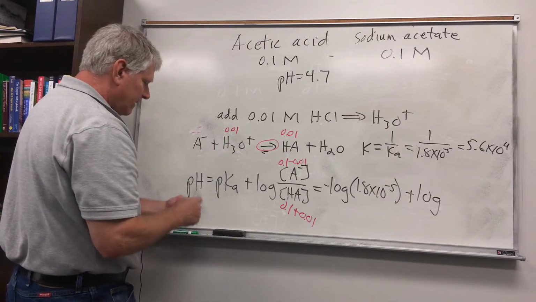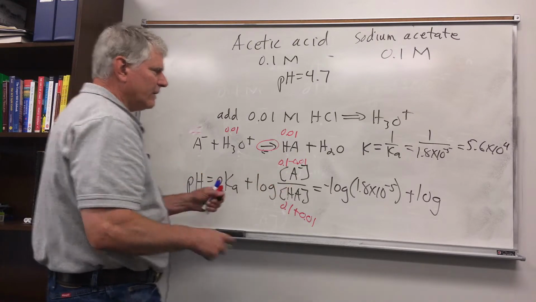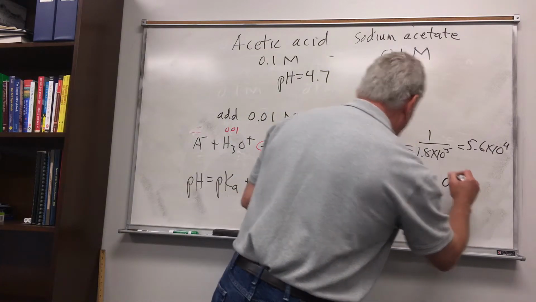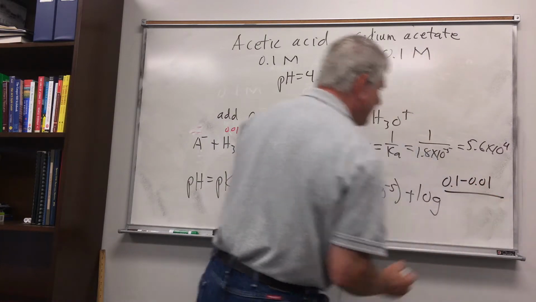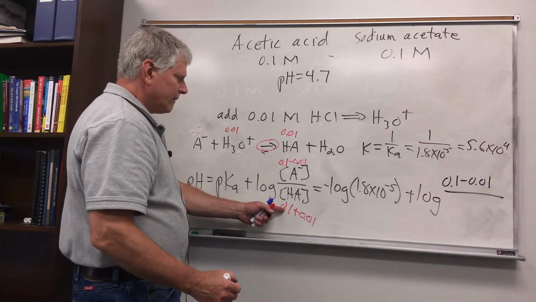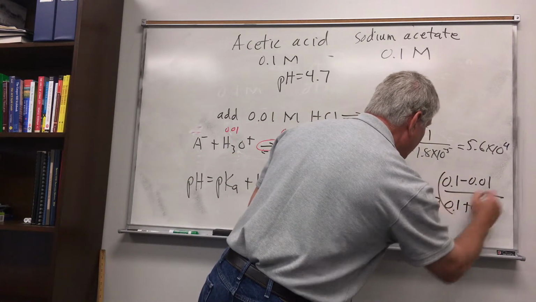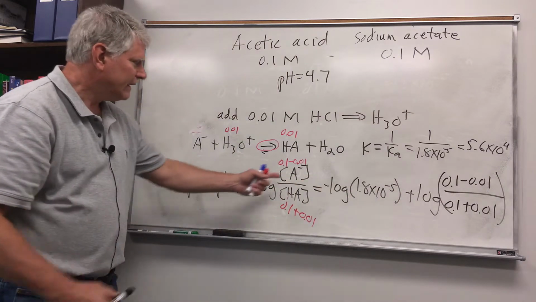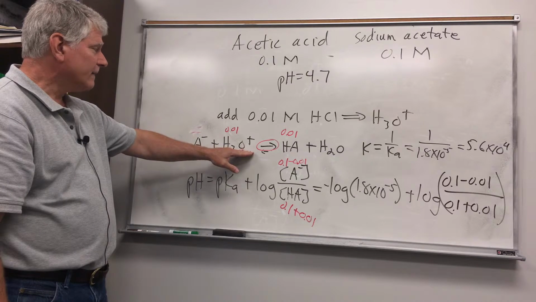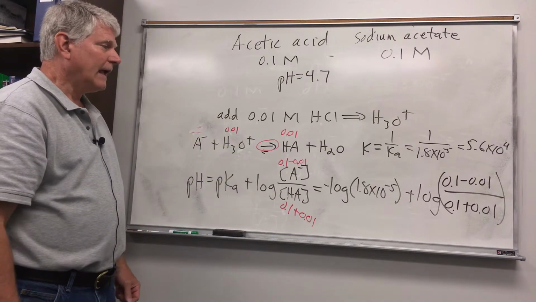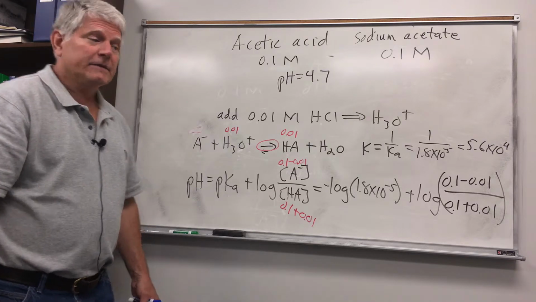So now the values I put in for A minus and HA are 0.1 minus 0.01, and the initial amount 0.1 plus 0.01. So now those initial amounts have changed a little because I reacted the strong acid that I added to the buffer solution. So now let's look at the pH.